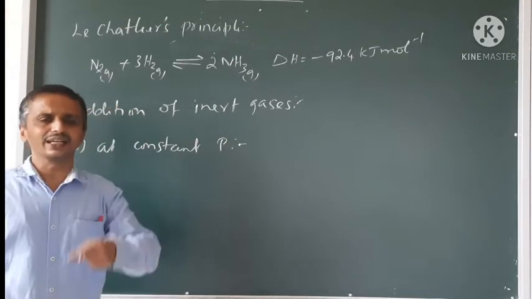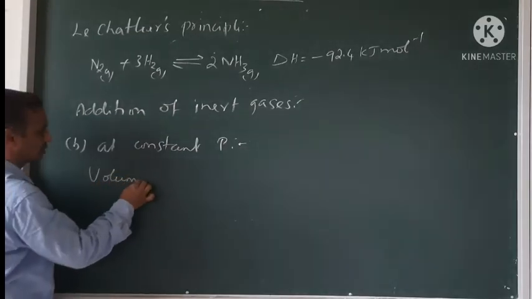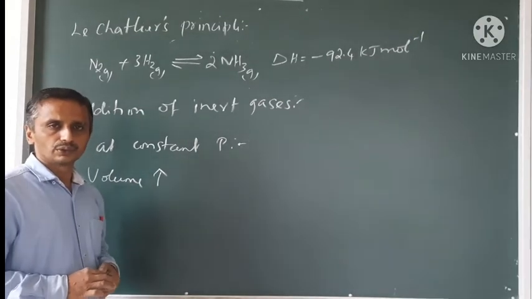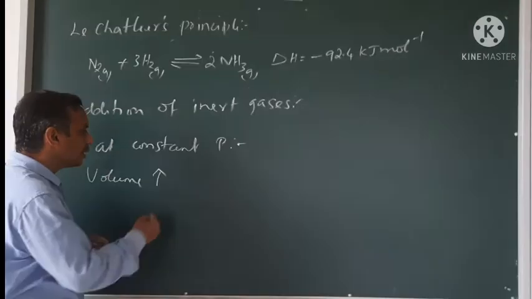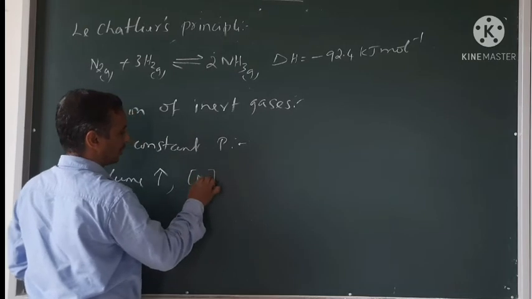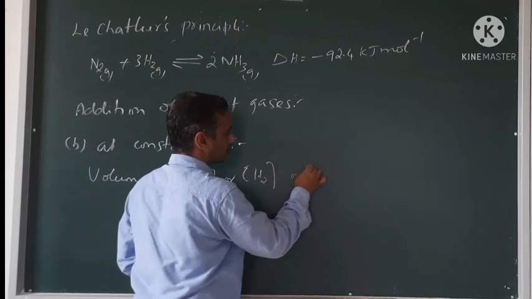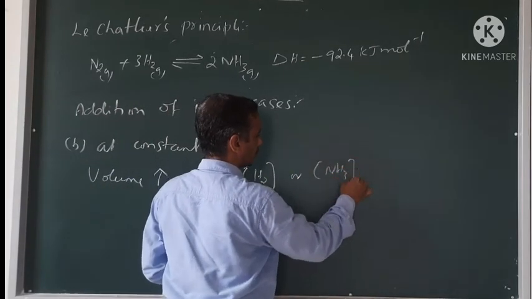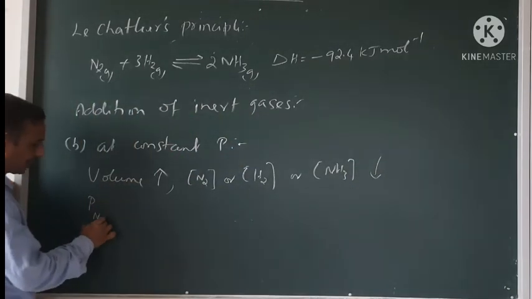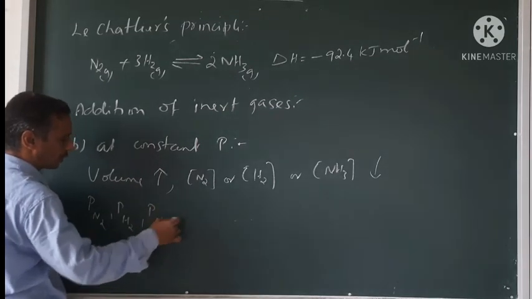When the inert gas is added at a constant pressure, remember your volume increases. When the volume increases, the concentration of N2, hydrogen and ammonia is going to decrease, or the partial pressure of nitrogen, hydrogen and ammonia is going to decrease.